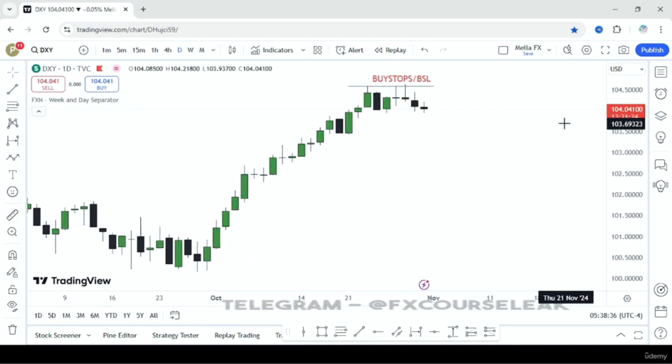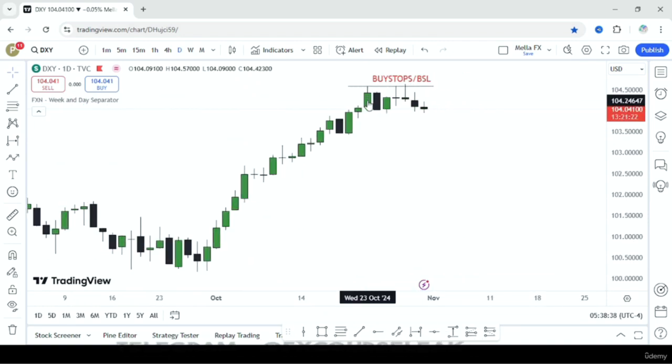You can see that when we created this high, we had this swing high. The next swing lows or swing highs on both sides are lower than this candle's high. So on both sides, we have swing highs which are below the highest high of this candle.